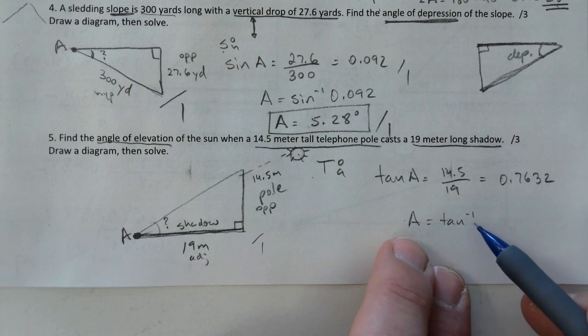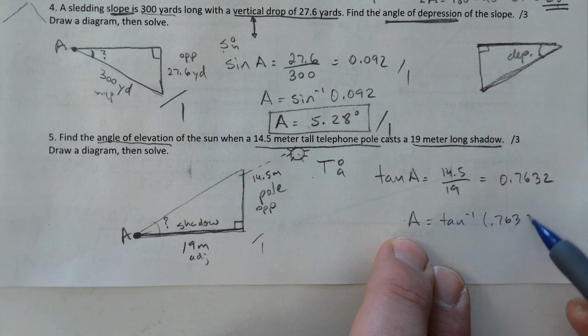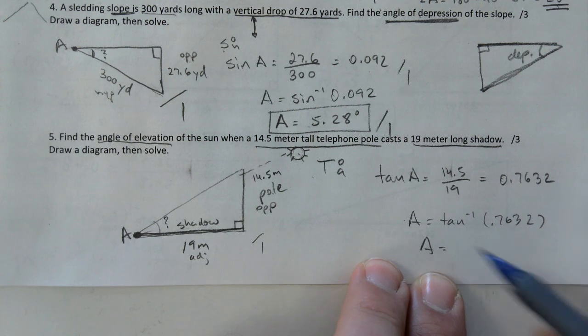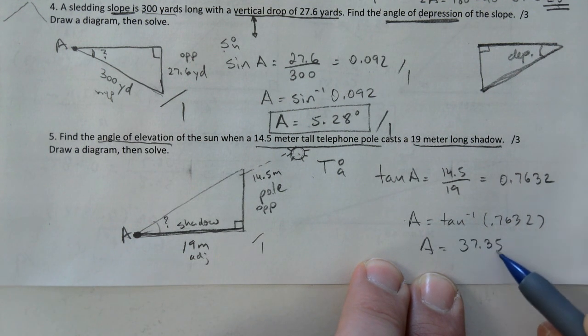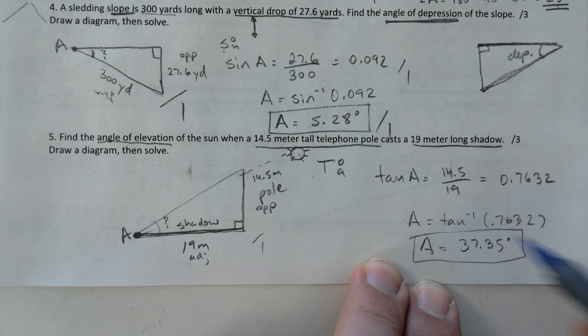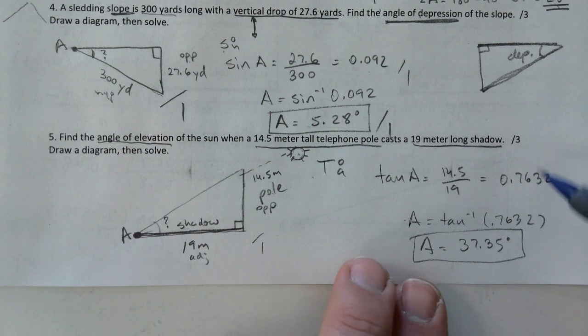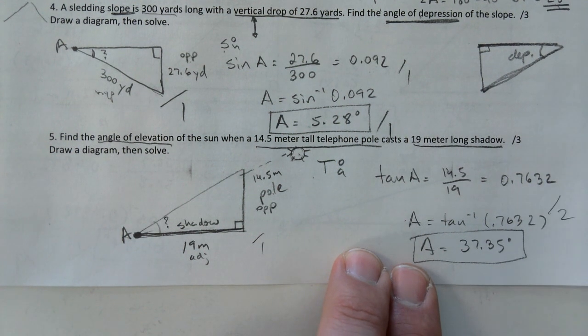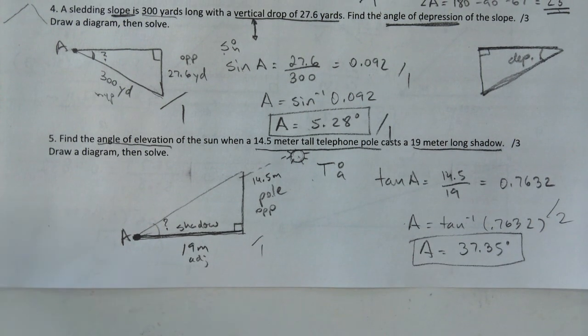Tan inverse of 0.7632, you get 37.35 degrees. And those that haven't done it, make sure you actually get this answer by typing it on your calculator and making sure you get it right. So this is worth 2 marks as well. Okay?